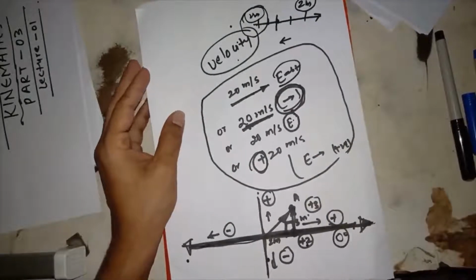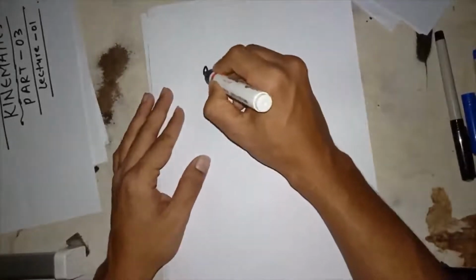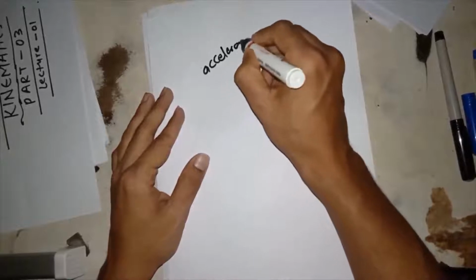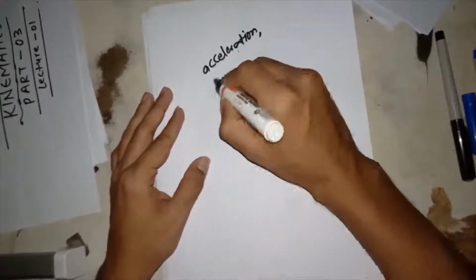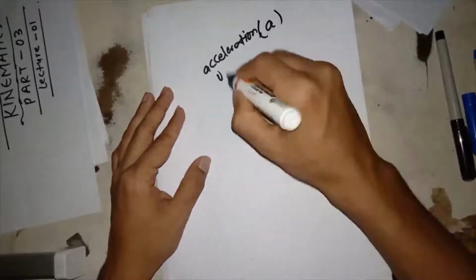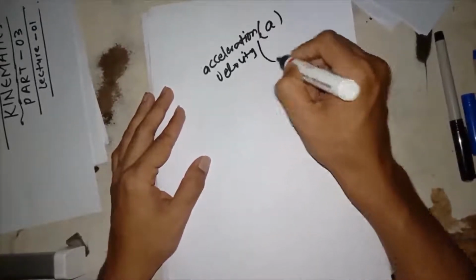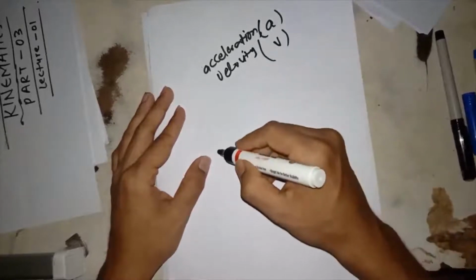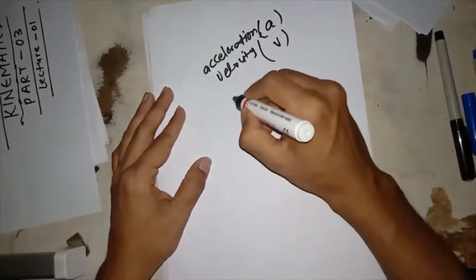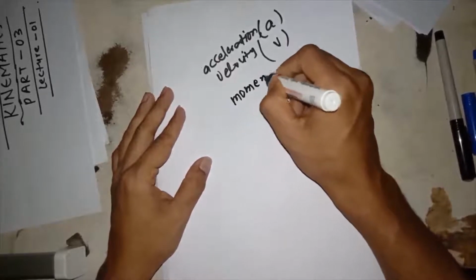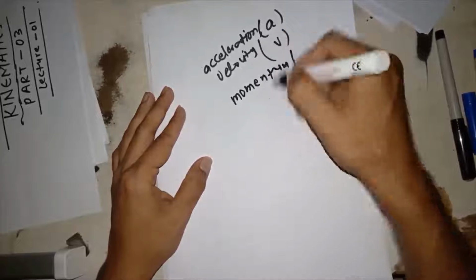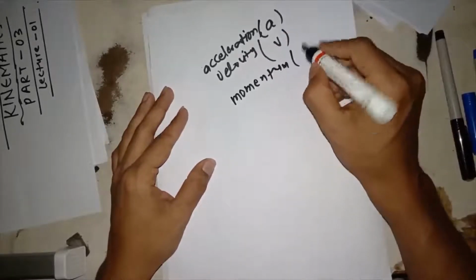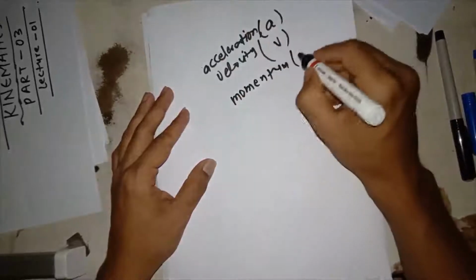The examples of vector quantities are acceleration, acceleration is denoted by A, velocity denoted by this symbol, momentum. We will deal with all those vector quantities ahead, but here I only mention the names.